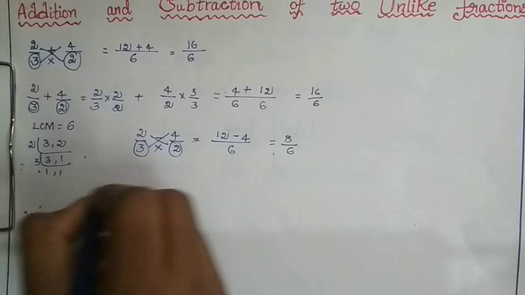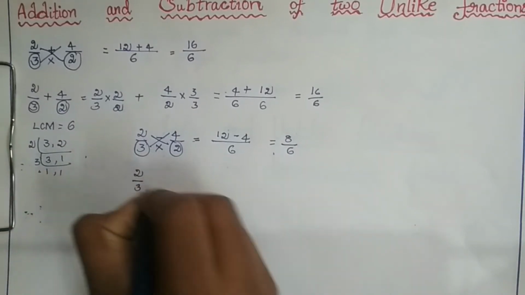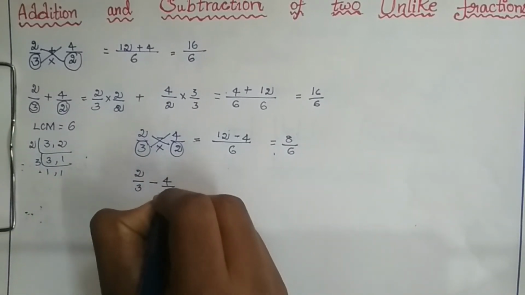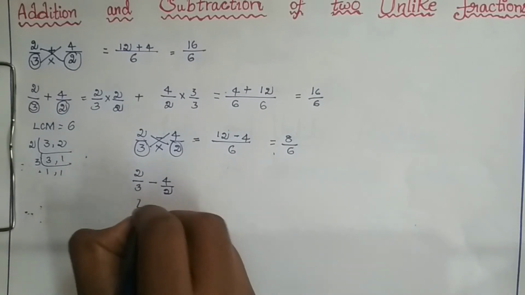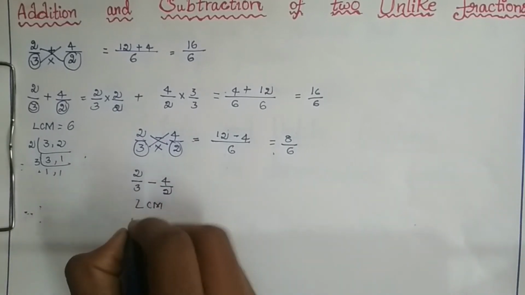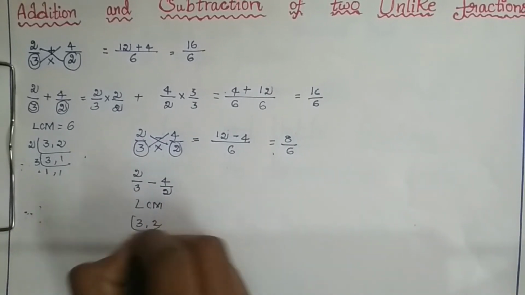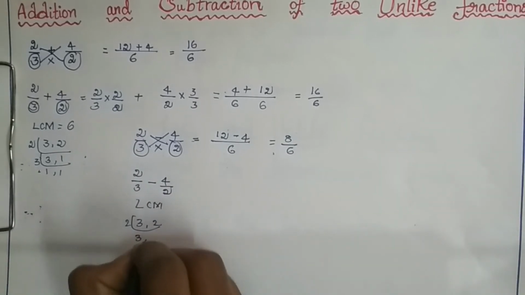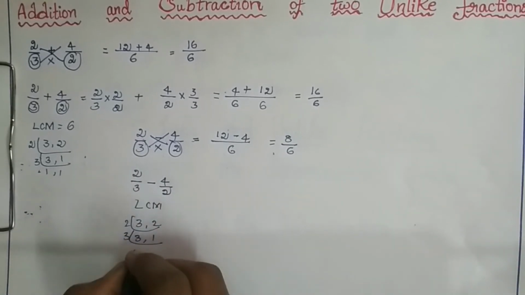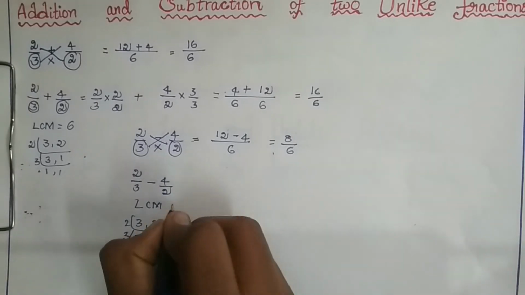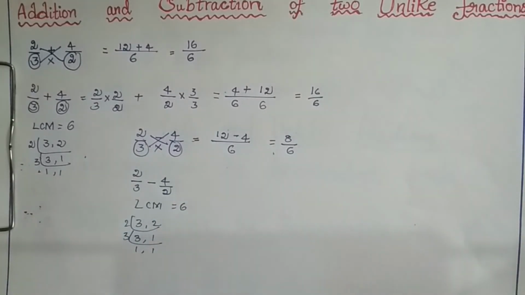In the LCM method, 2 by 3 minus 4 by 2, we will get the same LCM, 6.